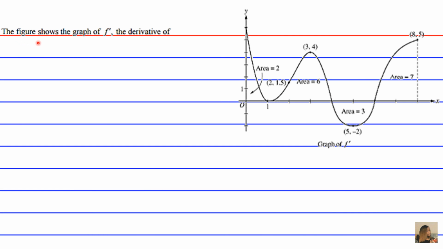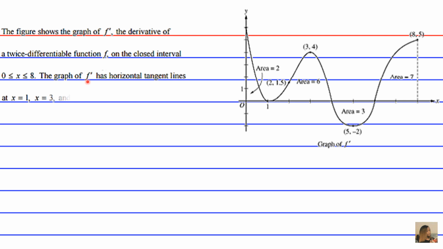Alright, so the figure shows the graph of f prime, the derivative of a twice differentiable function f, on a closed interval where x falls between and includes 0 and 8. The graph of f prime has horizontal tangent lines at x = 1, x = 3, and x = 5.